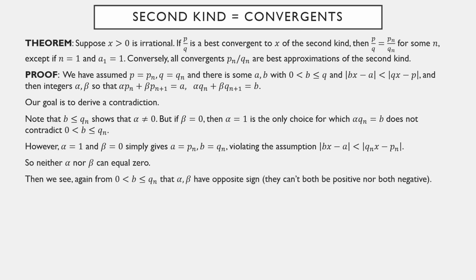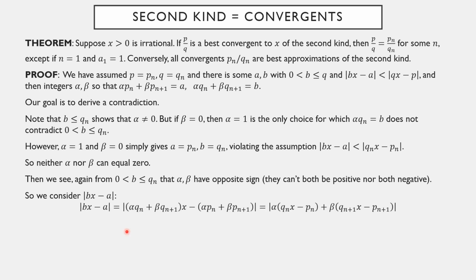But again, since b is less than or equal to qn, alpha and beta have to have opposite sign. If alpha and beta were both positive, this would simply be too big. And if alpha and beta were both negative, I'd have a large negative number here, and b is not allowed to be negative. So alpha and beta can't both be positive, and they can't both be negative. So let's look at that absolute value, |bx - a|. We substitute in that b is alpha qn plus beta qn+1, and a is alpha pn plus beta pn+1.